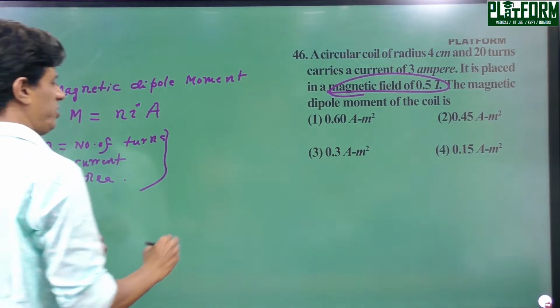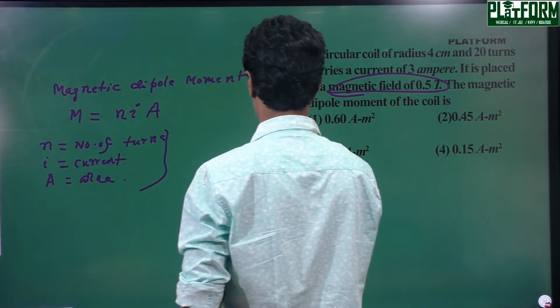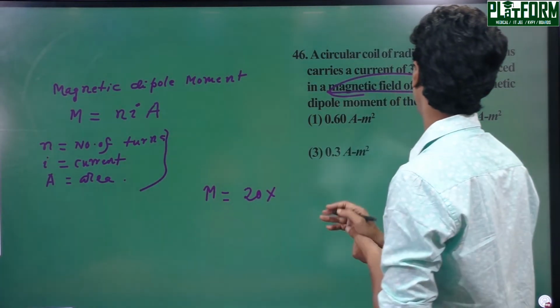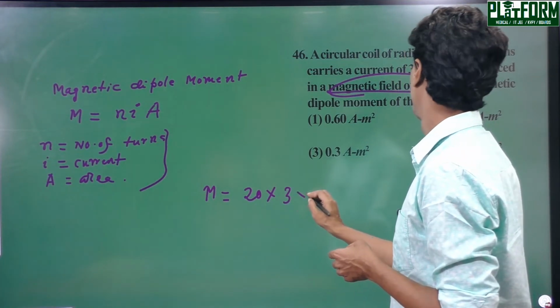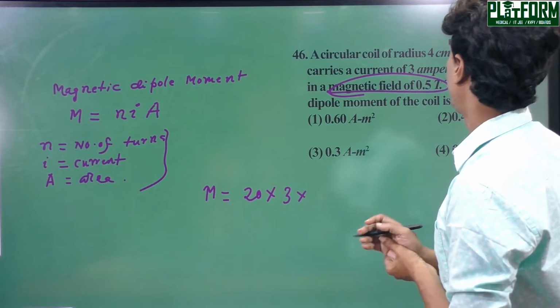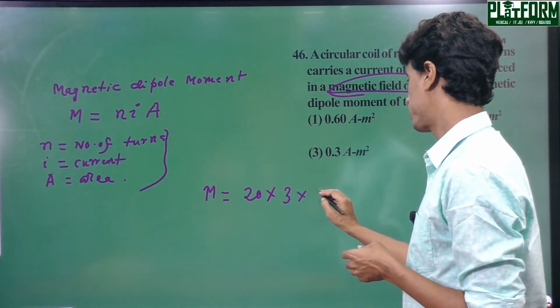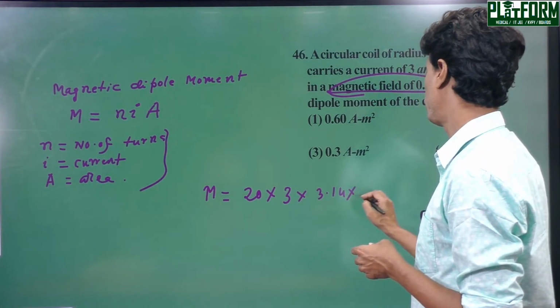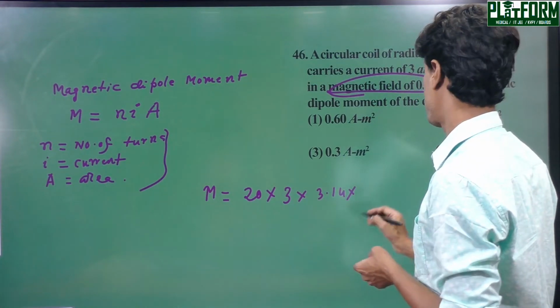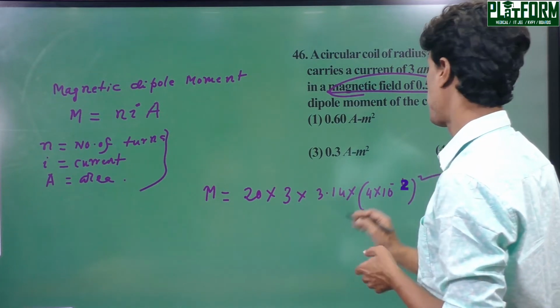So for the magnetic moment, we have 20 turns and current 3 ampere, and radius 4 centimeters, so the area is 3.14 into (4 into 10 to the power minus 2) whole square.